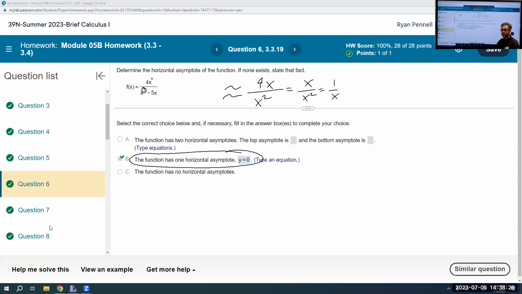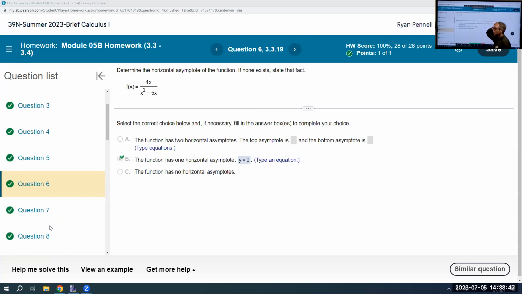As you go to infinity, the only thing that really matters is the degrees. And here we see it's turning into 1 over x as x approaches infinity. So the asymptote will occur at y equals 0. It'll be asymptotic, y equals 0. So it's good to have a little cheat sheet to remember these things.